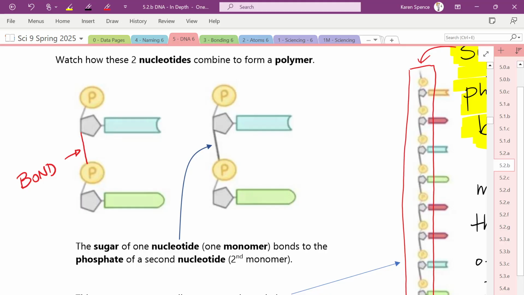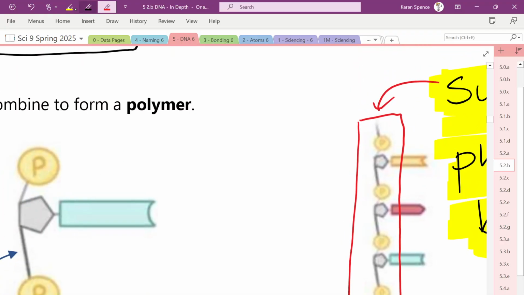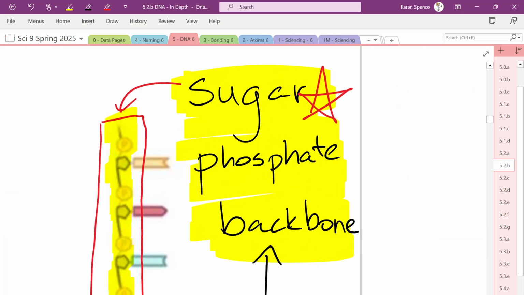What is this backbone made of? Sugar, phosphate, sugar, phosphate, sugar, phosphate, sugar, phosphate. Yes? So therefore, we call this whole thing the sugar phosphate backbone.